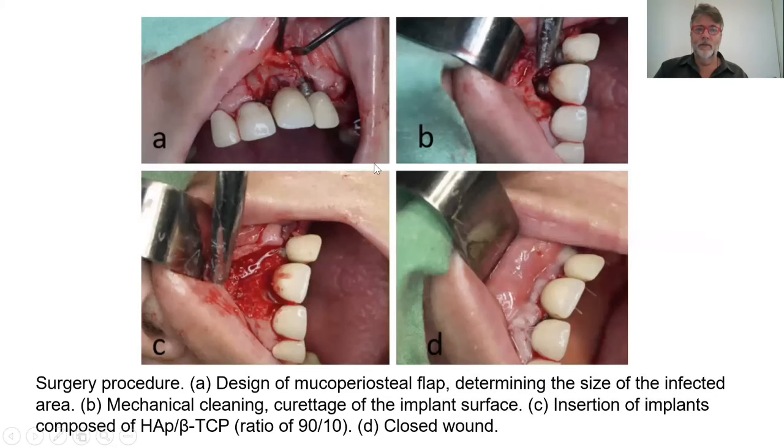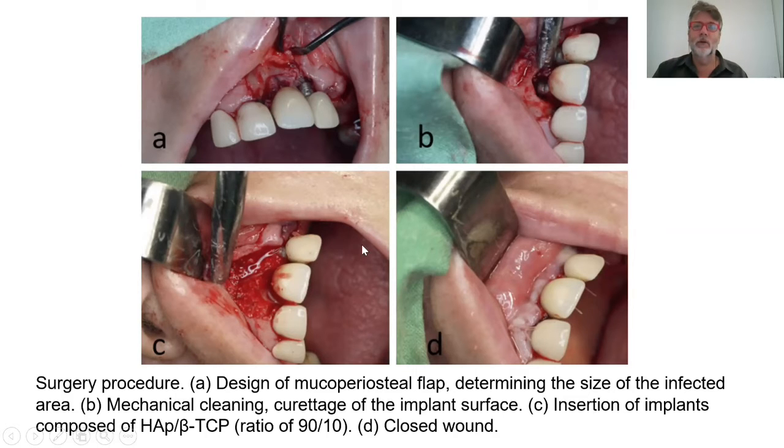So here are some pictures that we're showing, where we've got a patient coming in with peri-implant disease. They've lifted a flap, and we can see here that the crestal bone is high up, and there's like a trench defect all the way around that.